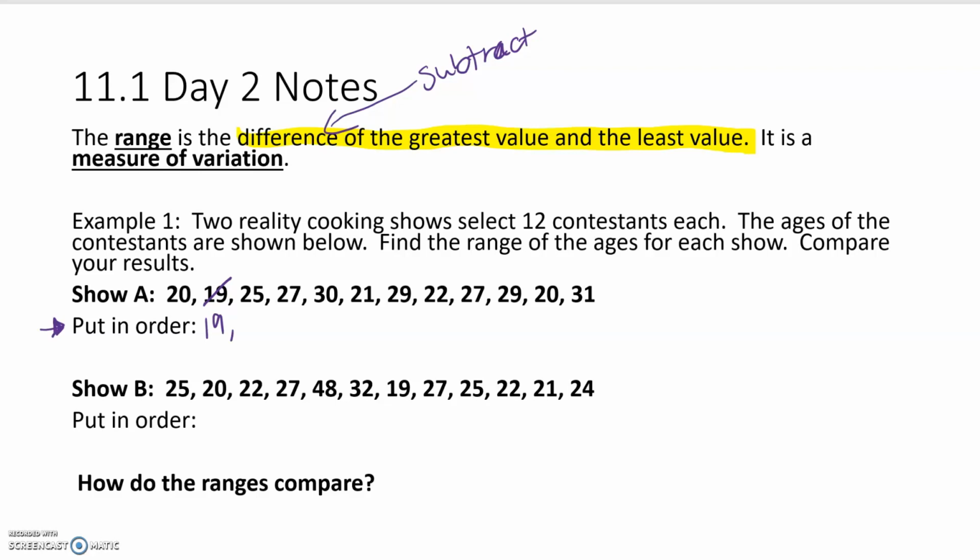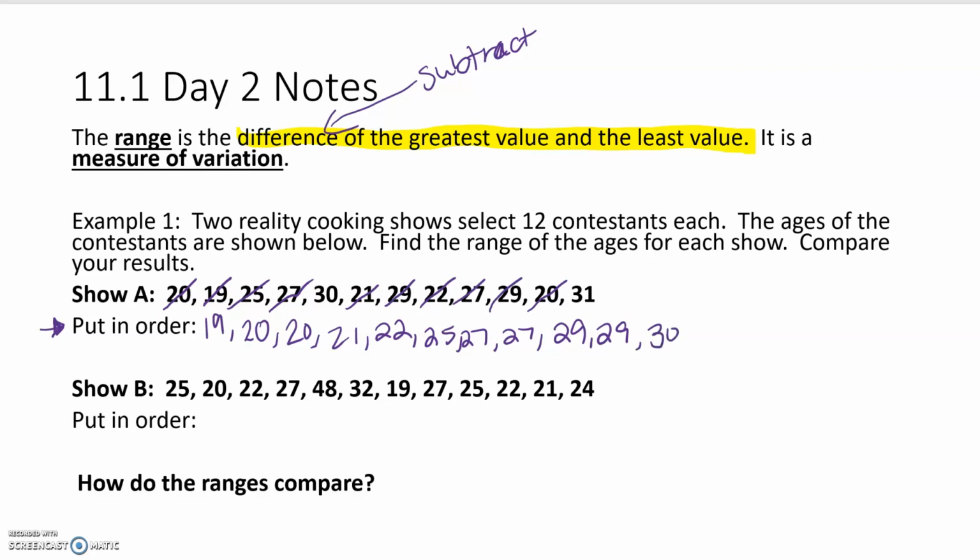So I'm going to start with a 19, then I have a 20, I have another 20, then I have 21, 22, 25, 27, looks like I have that twice, so I'm going to write it twice. 29 I have twice, and then 30 and 31.